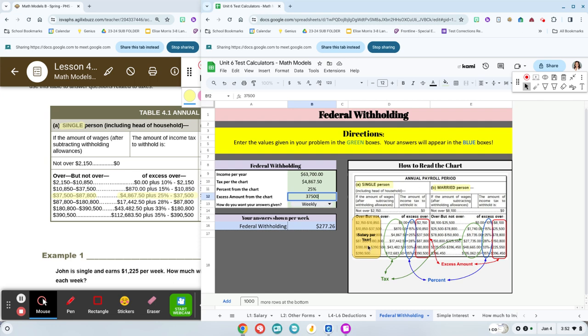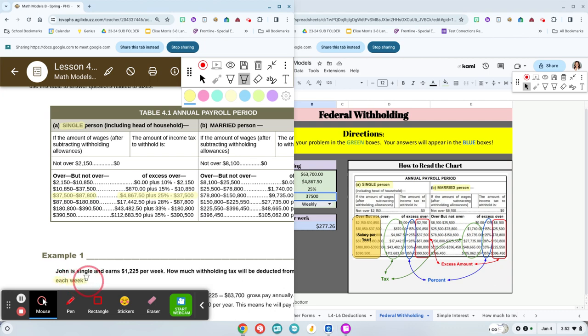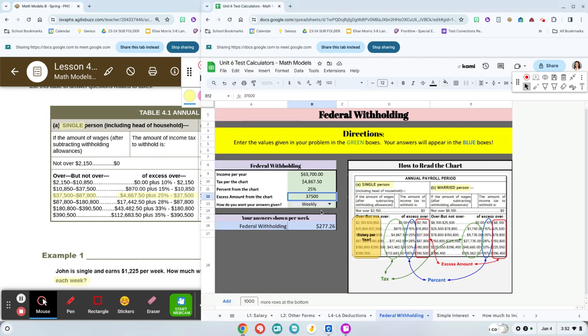If you forget, here's a little flow chart you can look at, but it's really just in order. And how do we want it given? Well, he needed his weekly amount. The question says weekly, and it's already selected weekly, so we're good there. Check it out. $219.57 is the withholding.